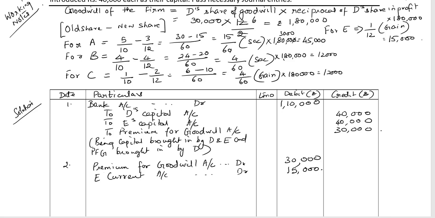There is an existing partner, C, who gains 4 divided by 60. So we need to debit C, but we will debit C's capital account because he is an existing partner. His gain, 4 by 60, multiplied by the goodwill of the firm, 1,80,000. We have to debit C, the gaining partner, by rupees 12,000. To A capital account.